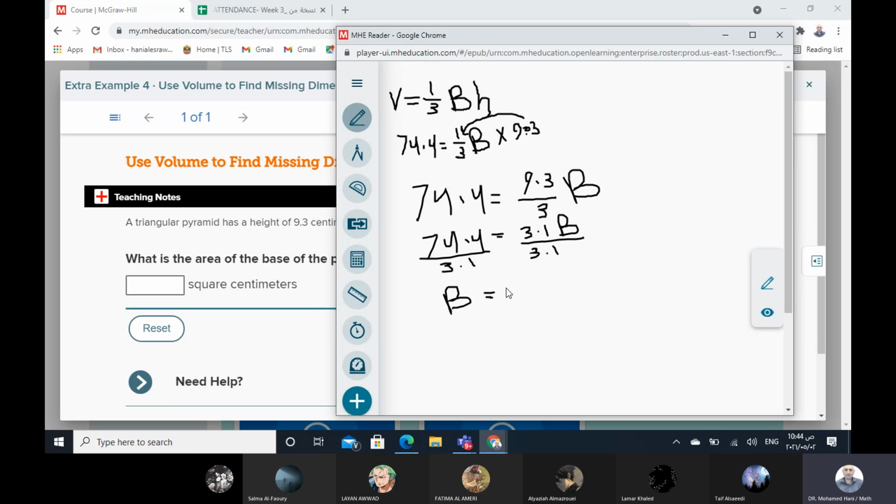So the answer will be 24. Who can tell me now what is the unit here? Square. Excellent. Centimeter squared.